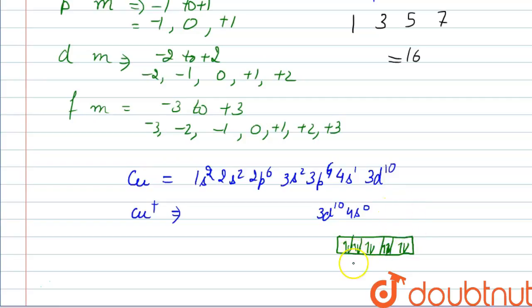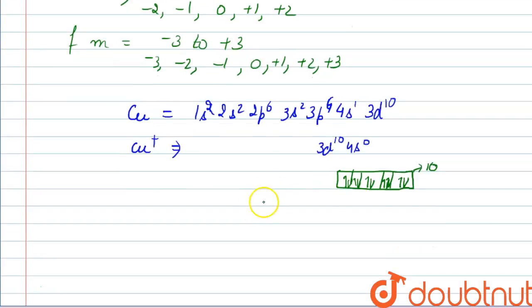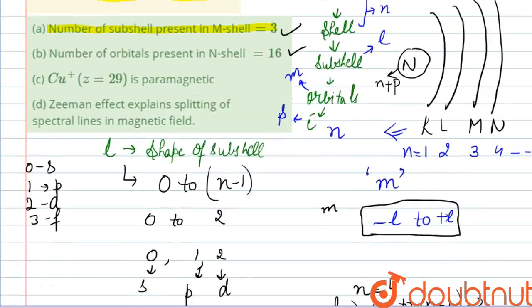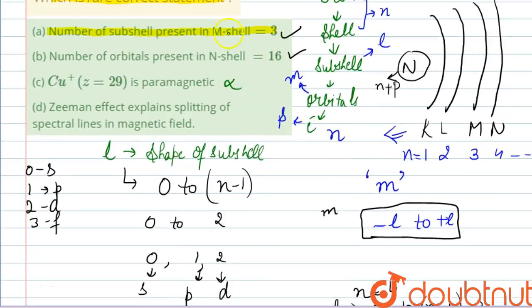So the number of electrons is 10 and they are fully filled. All the electrons are paired. That means that it is diamagnetic in nature. Paramagnetic nature is shown by unpaired electrons. So this statement is incorrect.